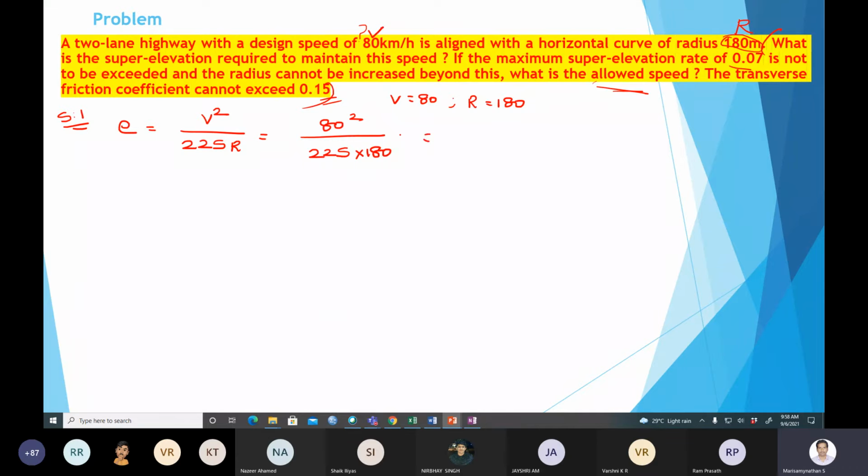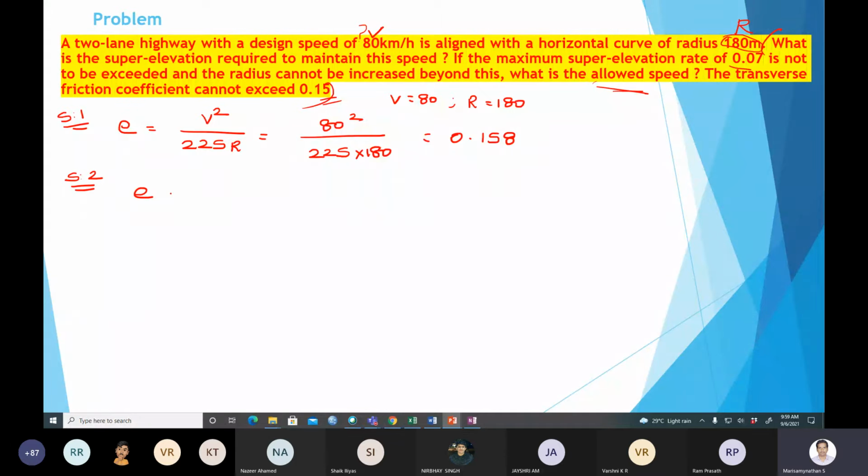So you can apply this value, 80 square divided by 225 divided by 180. So I am getting the value of 0.158. So this is the super elevation which we got from the equation.